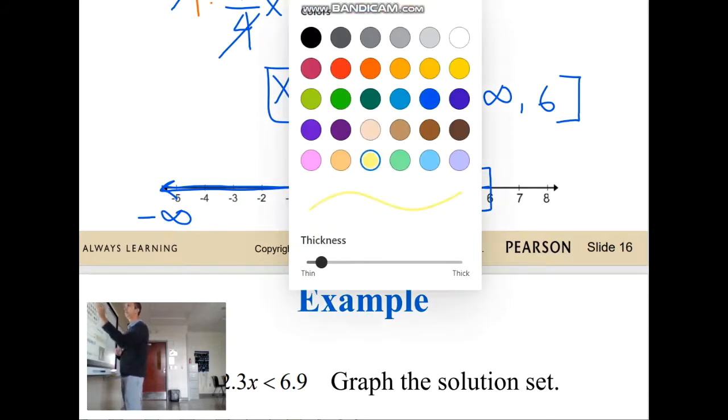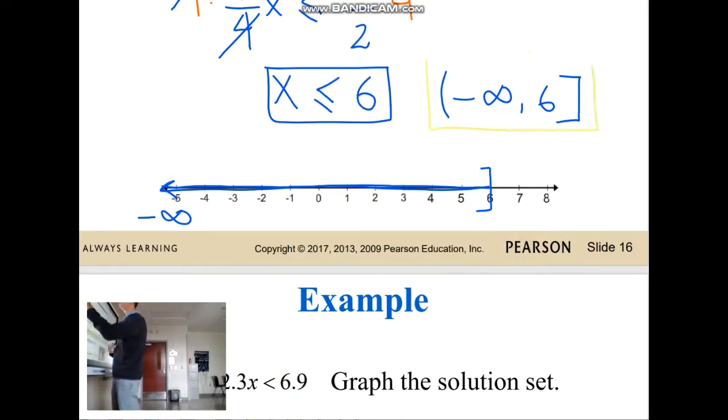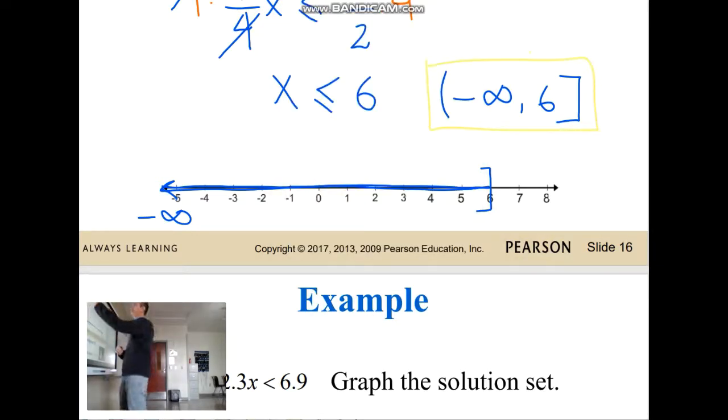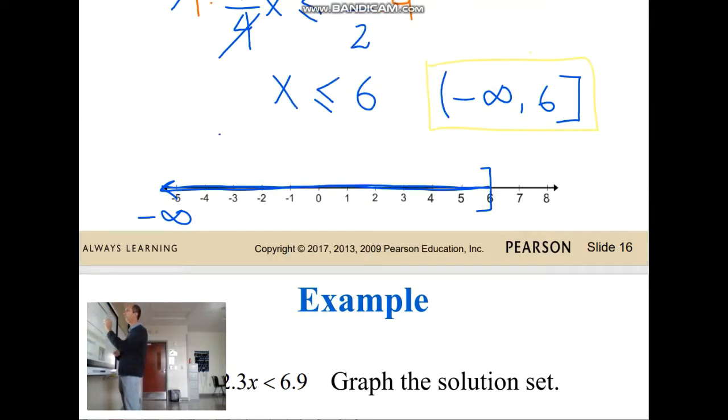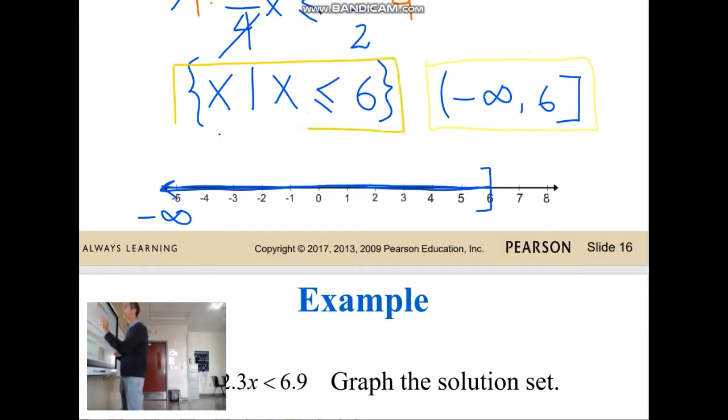And if you want to represent it using set notation, it's x such that x is less than or equal to 6. Set notation, interval notation.